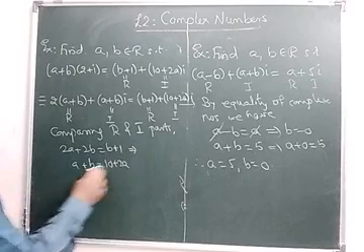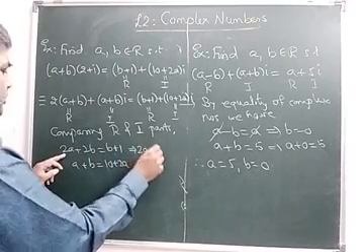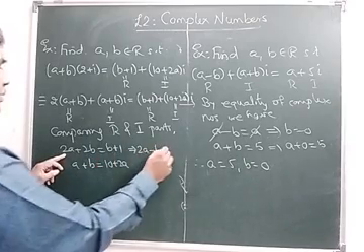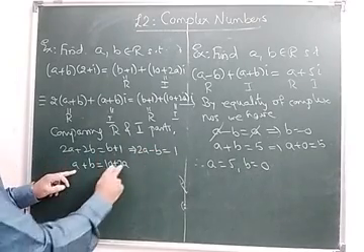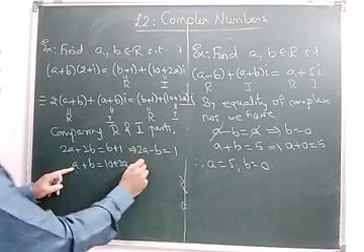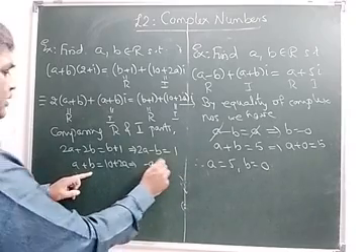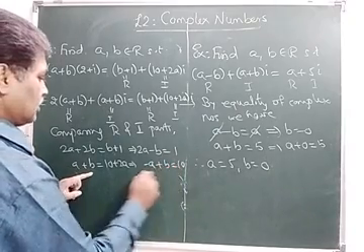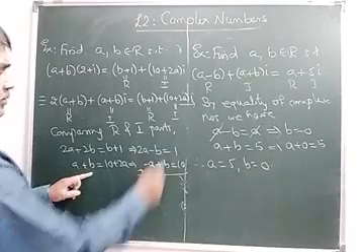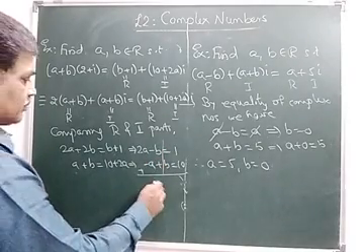Simplifying this, taking b on this side, we will get 2a plus b is equal to 1. Then taking 2a on this side, a minus 2a is minus a, so minus a plus b is equal to 10. Adding these two equations, b minus b get cancelled, and 2a minus a becomes a is equal to 11.